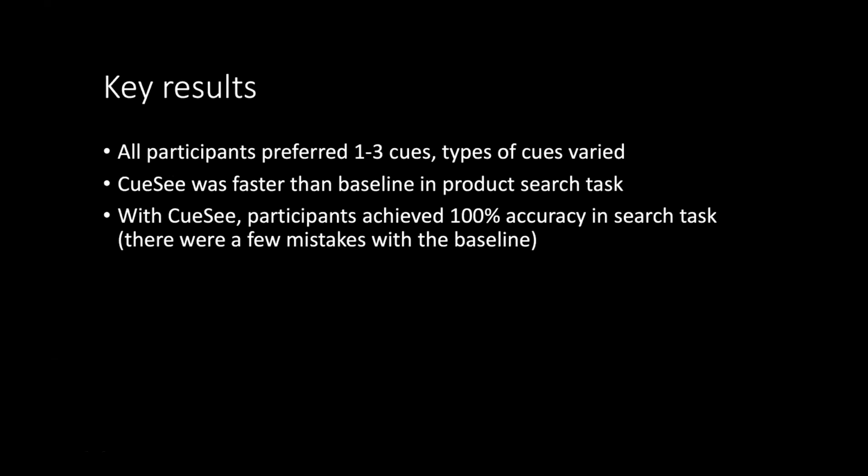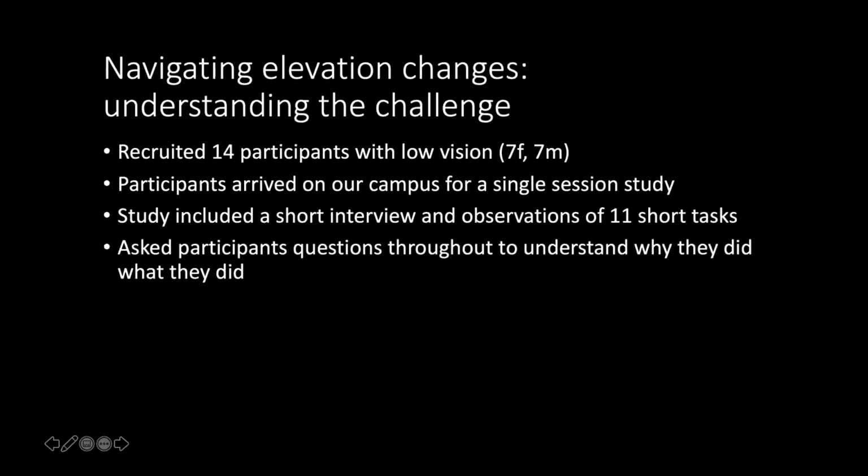So in the future, we'd like to see how we can leverage other computer vision work in other visual search contexts to create these sorts of experiences for people with low vision. That was the first task that we examined here. And then I'll talk about the next one, which is navigating elevation changes.